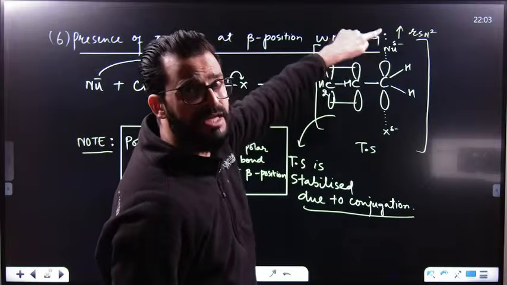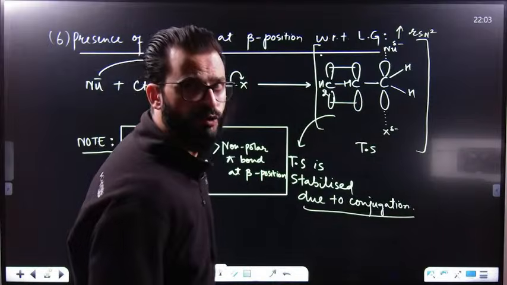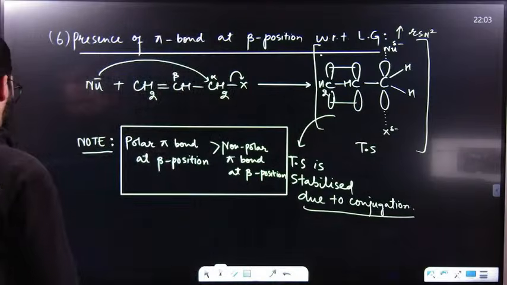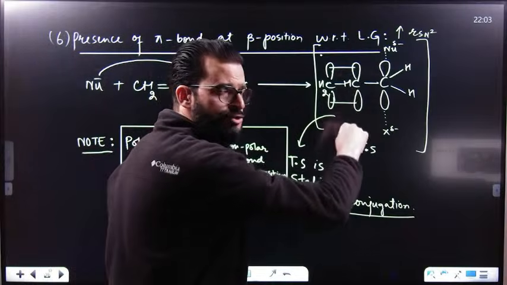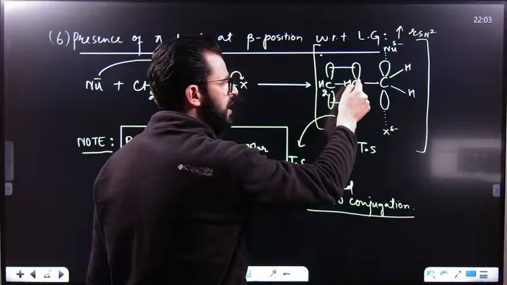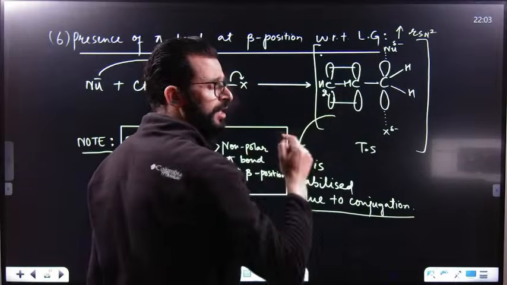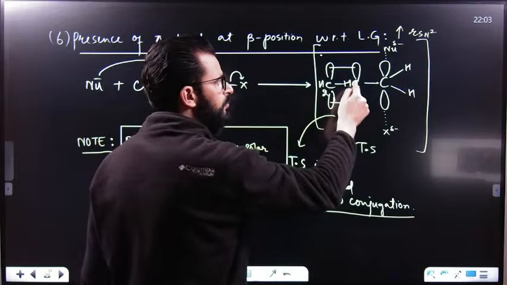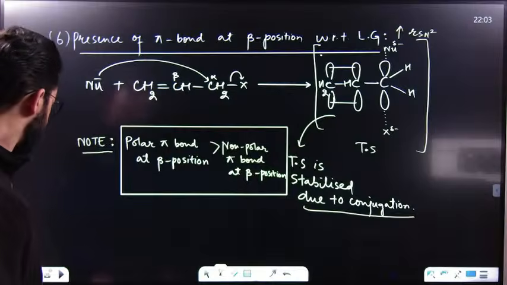As this is negatively charged, or anion-like, the transition state becomes more stable. So if a polar pi bond is there, one, it is stabilized due to conjugation. Another, this has partial positive charge, and this anion-like or negatively charged transition state will be more stabilized due to this positive charge's electron withdrawing nature.